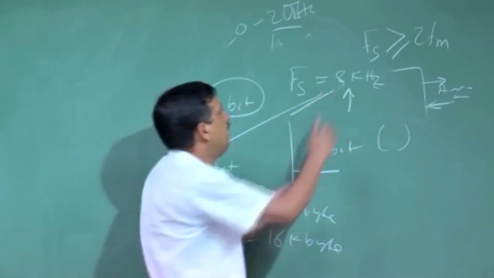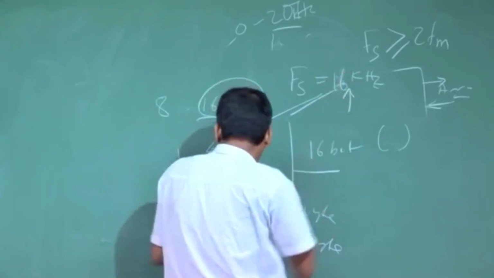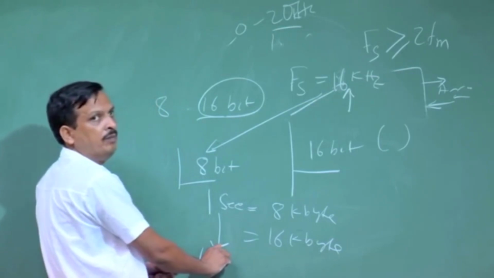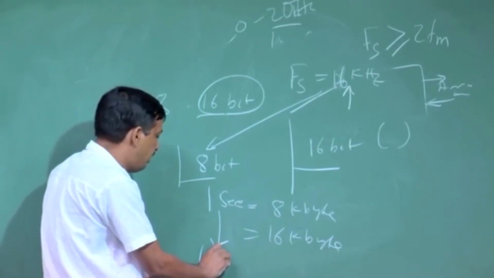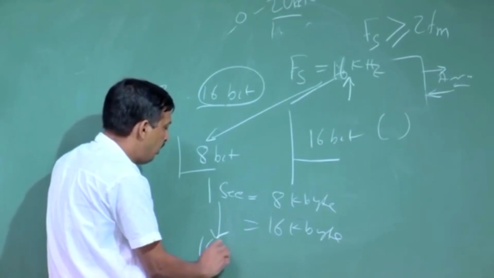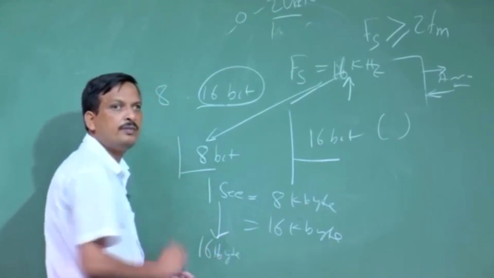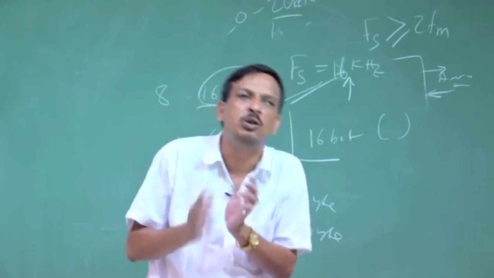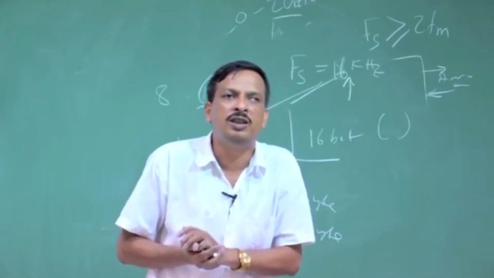Instead of 8k, if it is 16k, in 1 second I generate 16k samples. If each sample is 8 bit, then 16 kilobytes. So, there is a trade off: what quantization level I should use, and what sampling frequency I should use.